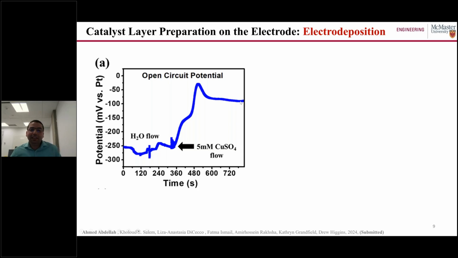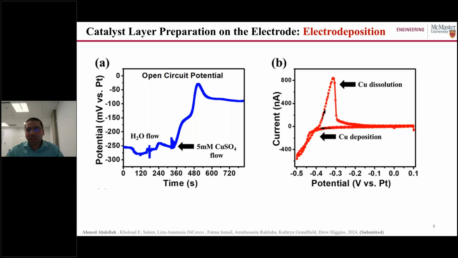So this gives us an idea of when our electrolyte salt reaches this three-electrode system. After that, we can conduct cyclic voltammetry to visualize copper deposition and dissolution.